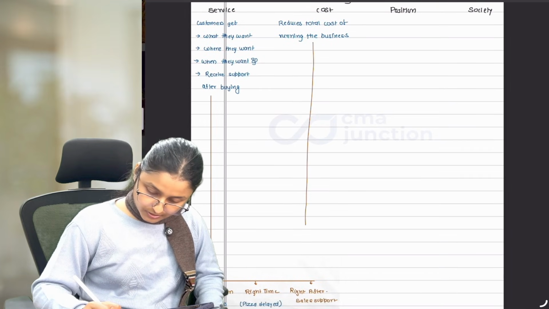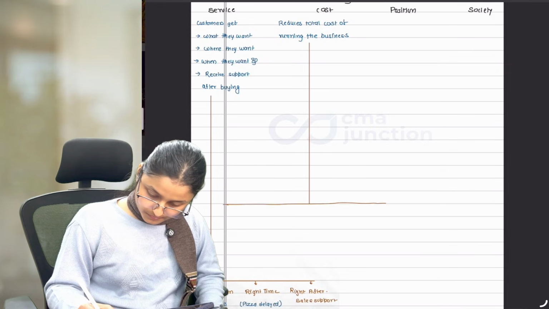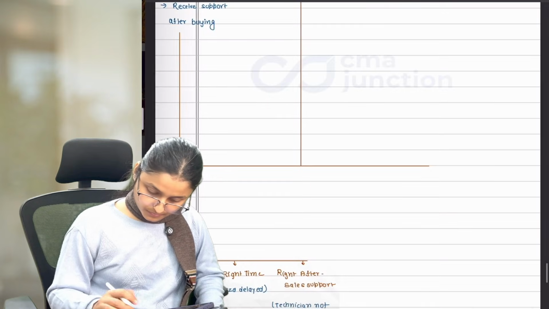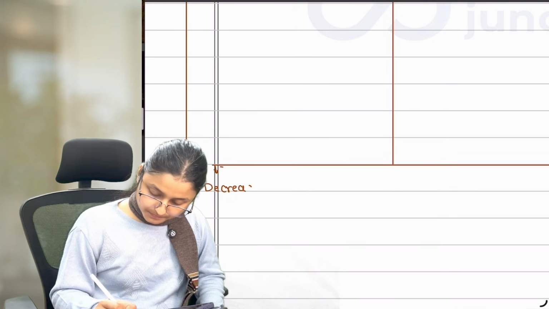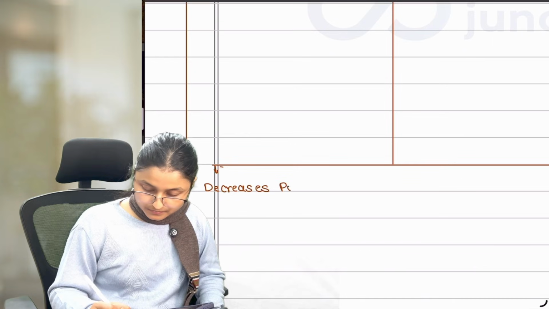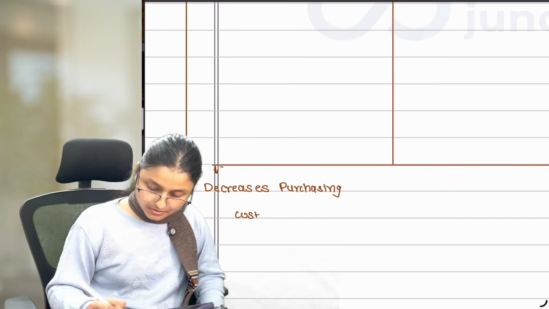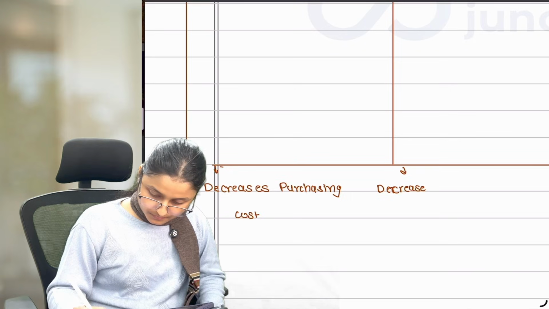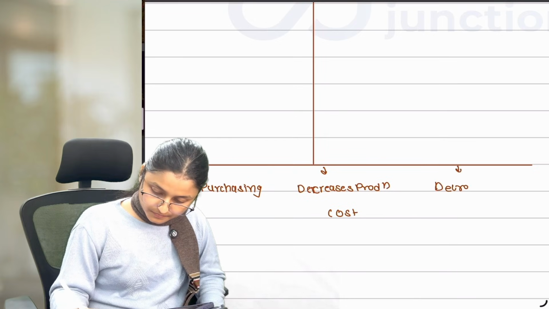So let's take it down till here. First one is decreases purchasing cost. Next, decreases production cost. And last is decreases supply chain cost.